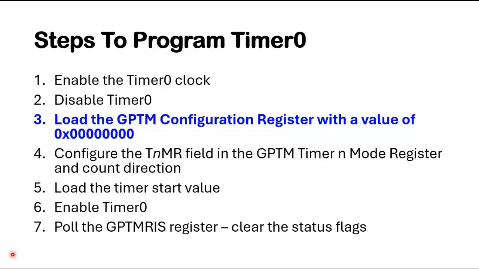Step 3. In step 3, we load the GPTM configuration register with a hex value of 0, 0, 0, 0, 0, 0, 0, 0 hexa.